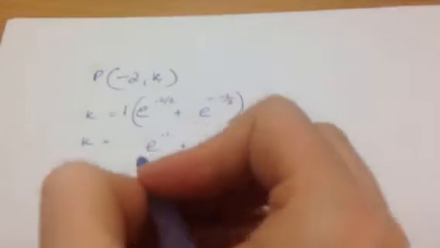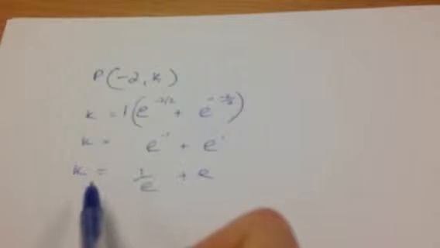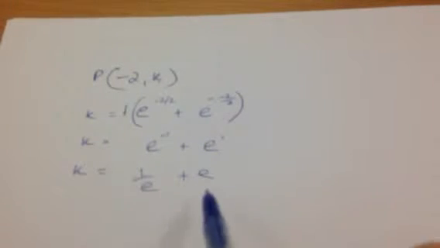So k is equal to e to the minus 1 plus e to the power of 1, which is just k is equal to 1 over e plus e. So that is k in terms of e. So that's that part of the question done.